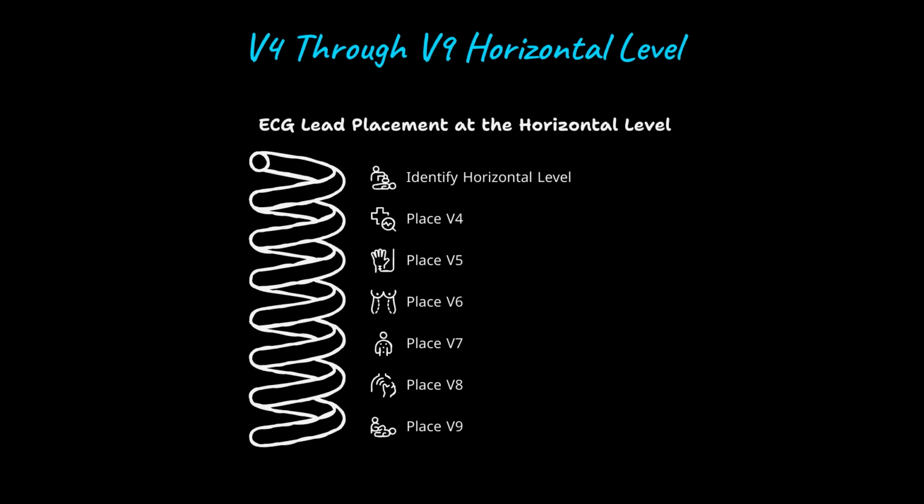All 6 leads, V4 through V9, share the same horizontal level, the fifth intercostal space. V7 sits at the posterior axillary line, V8 at the midscapular line, and V9 just lateral to the spine. The lateral position changes, the horizontal level never does.